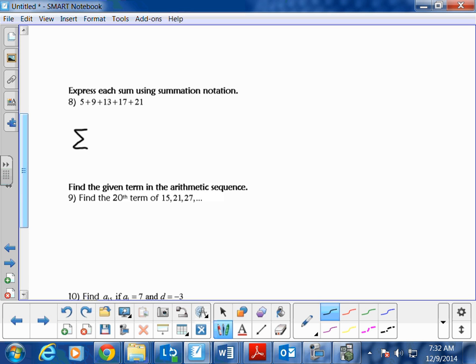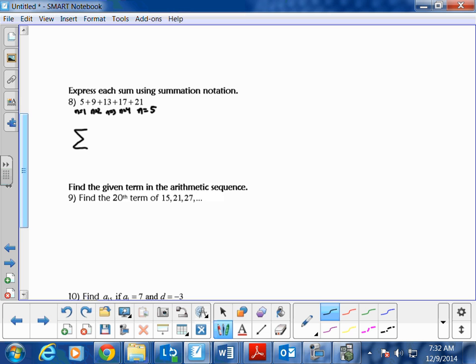So if you look at this sequence, this is n equal to 1, n equal to 2, n equal to 3, n equal to 4, and this is n equal to 5.